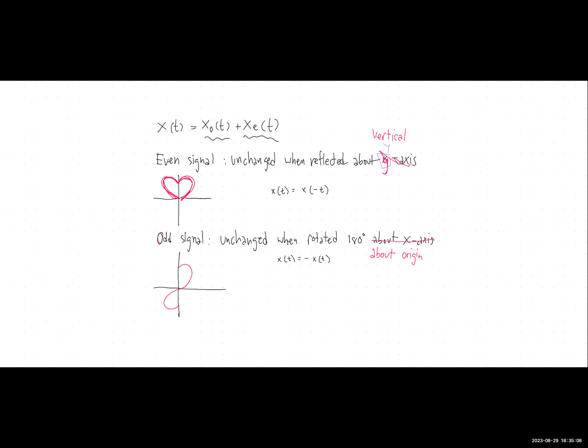You could say that an odd signal is a signal that is unchanged when you do two reflections, one across the vertical axis followed by the horizontal axis, or vice versa. That is effectively a 180 rotation around the origin. For even, you reflect about the vertical and it remains the same. For odd, you reflect about the vertical axis and then do a horizontal axis reflection. If you get the same thing that you started off with, then you have an odd signal.